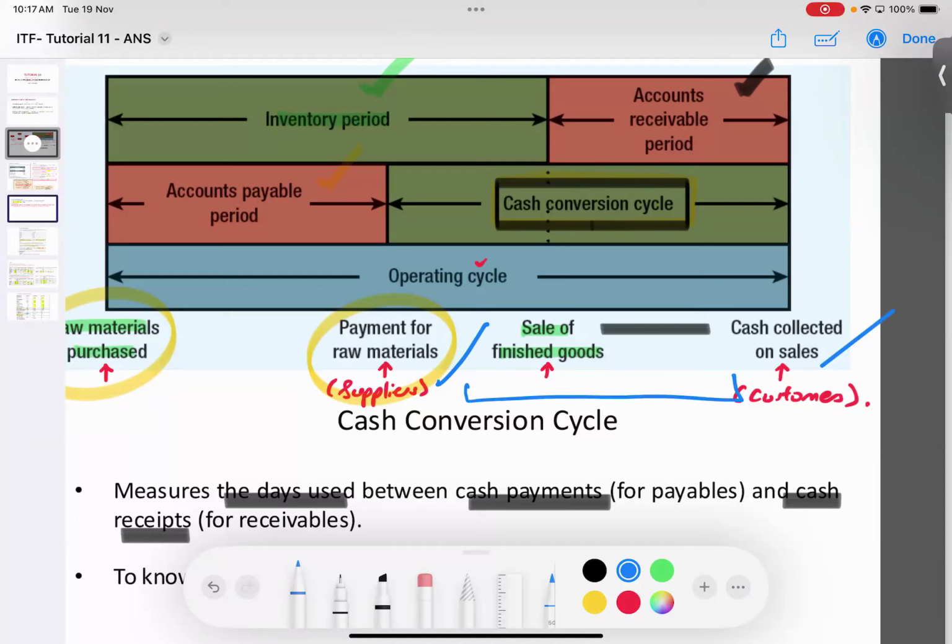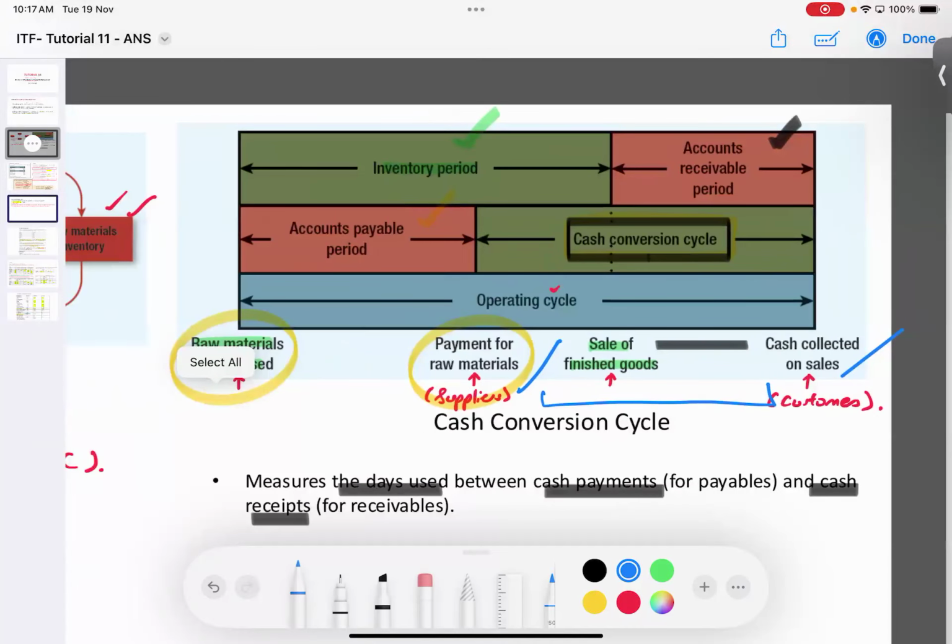So I can use this formula. I can use operating cycle minus accounts payable period to get these figures, or I can use inventory period plus accounts receivable period, and then minus accounts payable period. Let me write it down here.